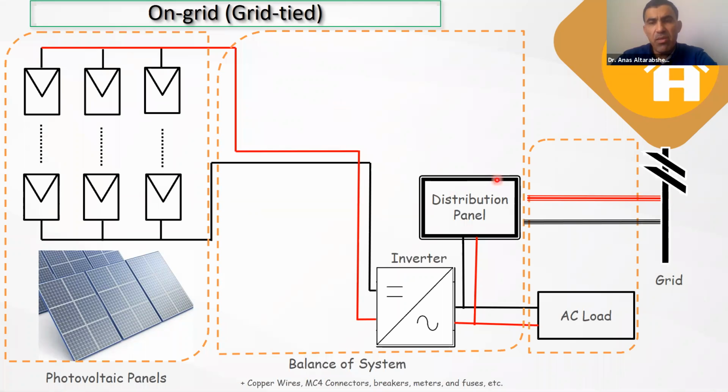Of course, here we have a meter that counts how much energy is generated and how much energy is consumed from the grid. At the end of the month and at the end of the year, you can find whether you have surplus energy to sell to the company, or energy to pay for.